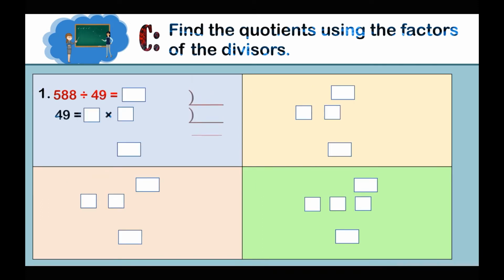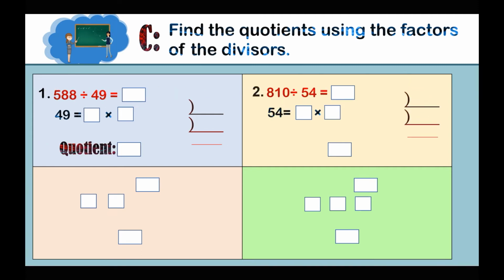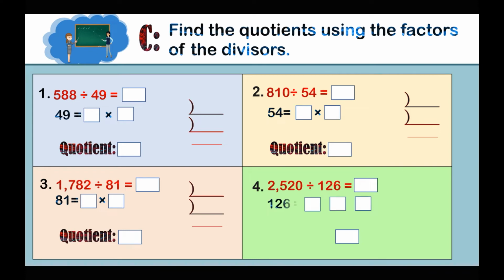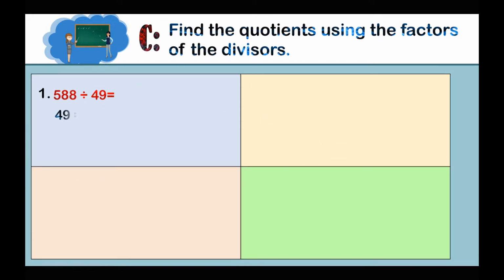Let's give it a try. 49, factors of 49. 54, factors of 54. 81, the factors of 81. And then 126, the factors of 126. Number 1, 588 divided by 49.